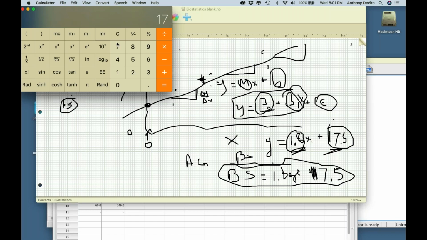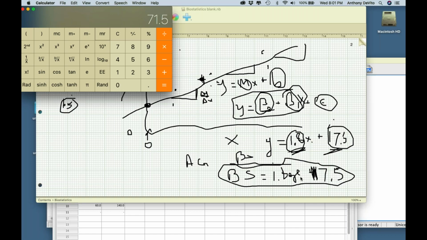Actually, let me do this again. What did I say it was, 54? I forget. Let me do it again: 1.8 times 30, the age, equals that, plus 17.5. Okay, 71.5.